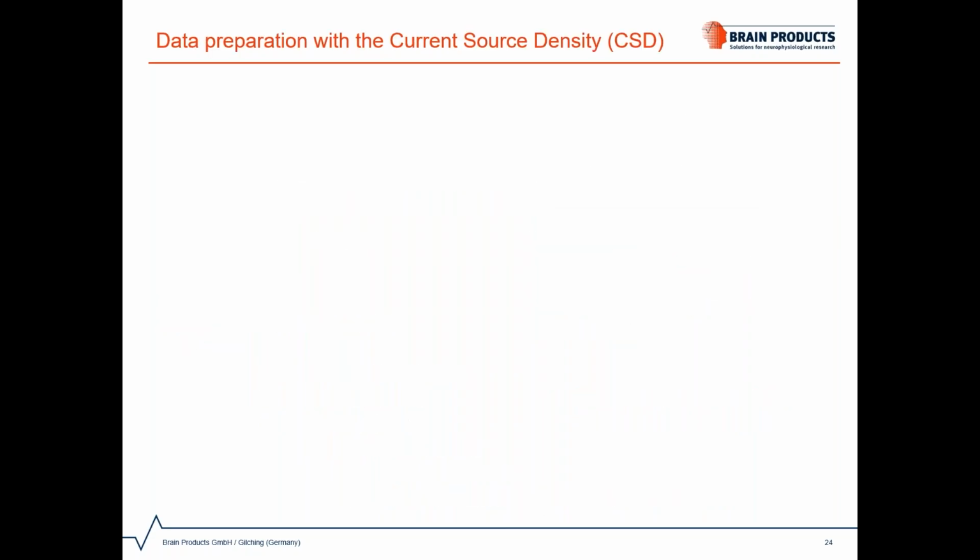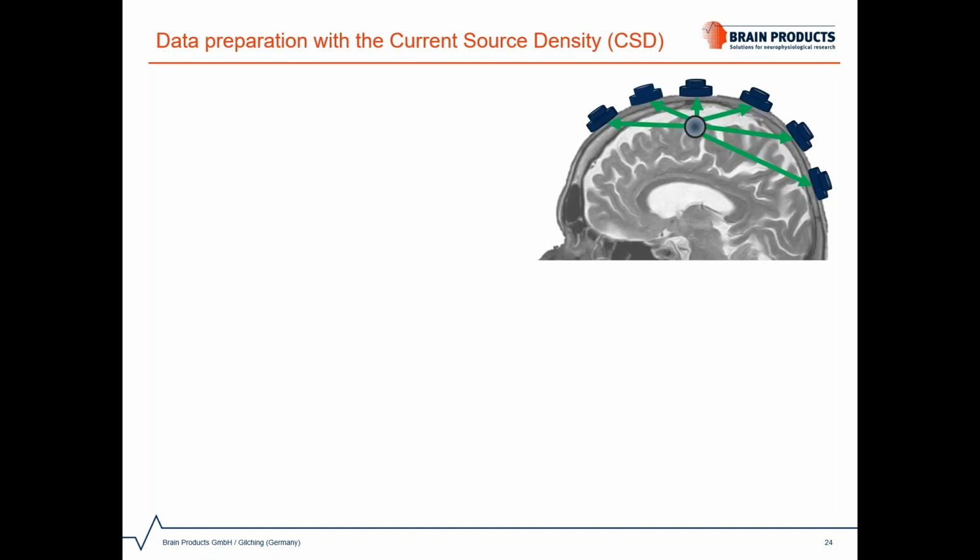Before we step into the data analysis, I would like to draw your attention to one more pre-processing step that will help for our connectivity analysis. I mentioned before that one major caveat is the problem of volume conduction. The conductive properties of the tissue between the neural source and our electrodes lead to the fact that multiple electrodes, or even all, pick up one and the same neural source.